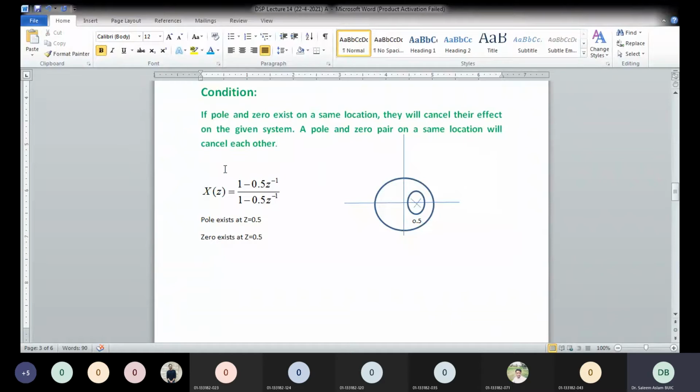कैसे? अगर आपके पास एक्सप्रेशन हो 1 माइनस 0.5 z इनवर्स और 1 माइनस 0.5 z इनवर्स, तो आपके पास पोल भी 0.5 पे आ रहा है और जीरो भी 0.5 के ऊपर आ रहा है. So let me change the color, let me make it red.